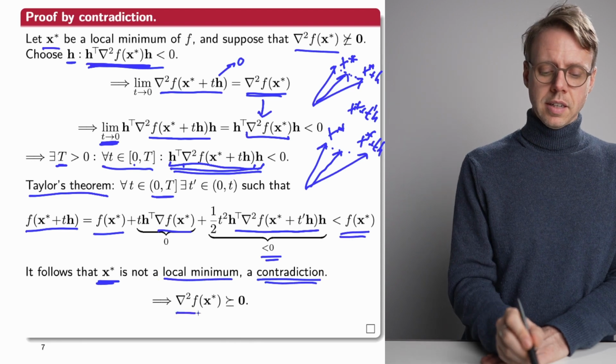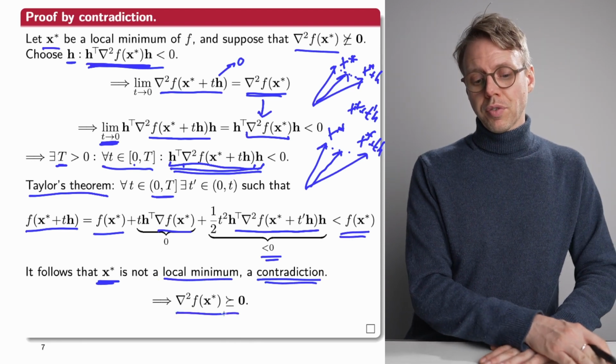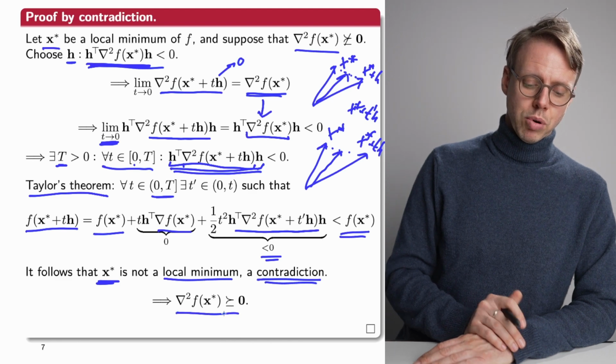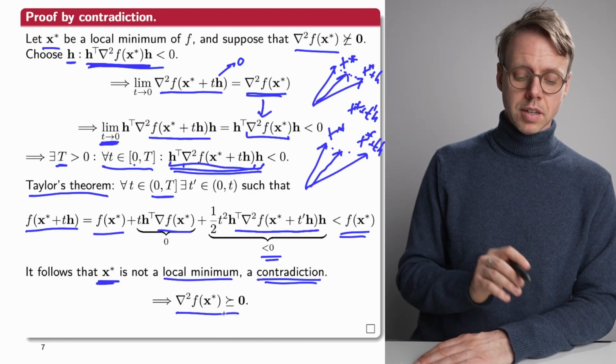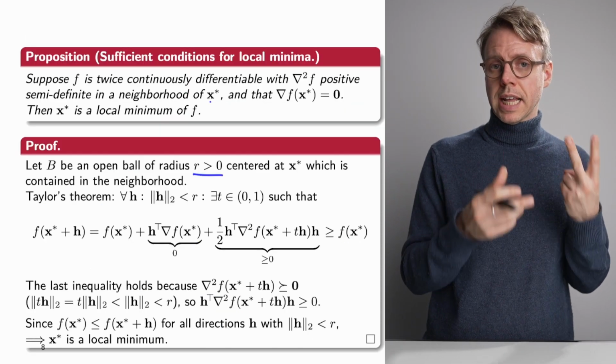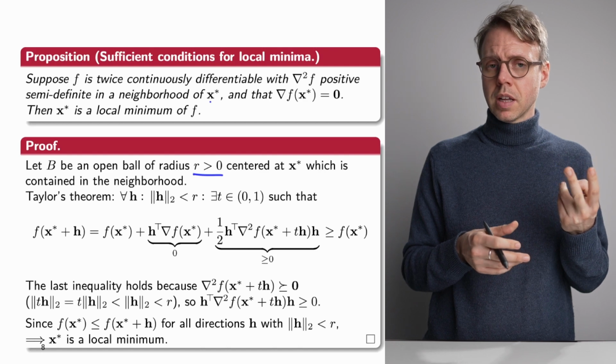Thus, the Hessian of f at this minimum needs to be positive semi-definite, as we wanted to prove. In the last two theorems, we have proven two necessary conditions of local minima.